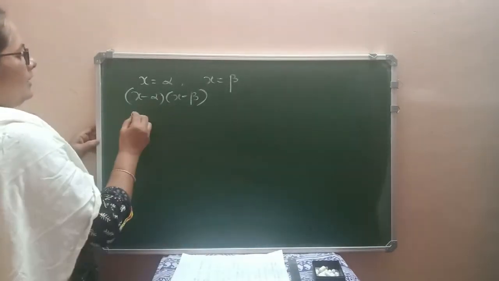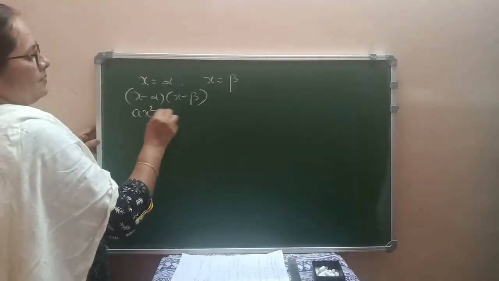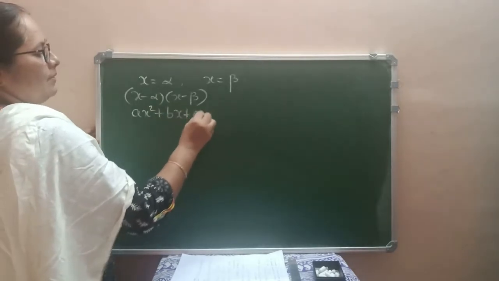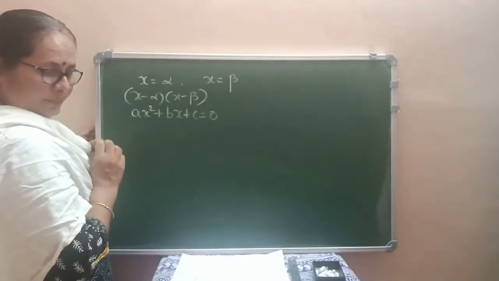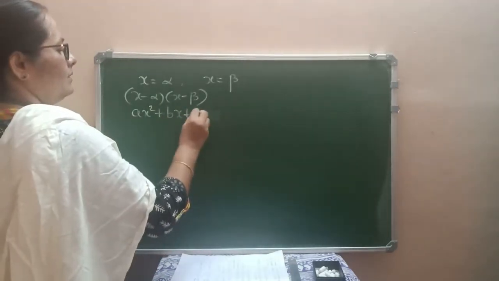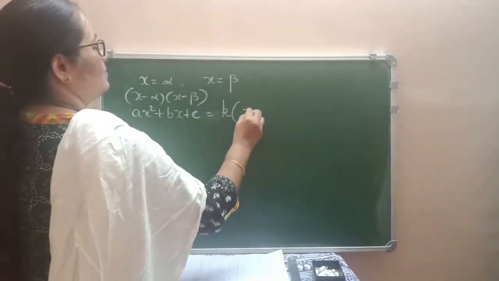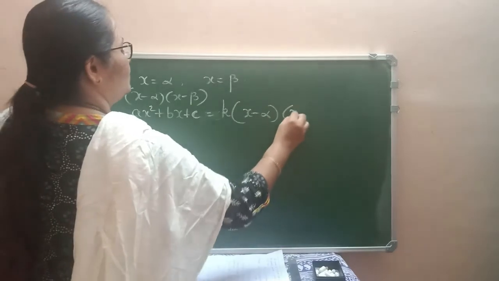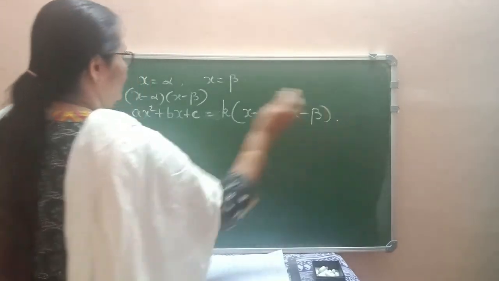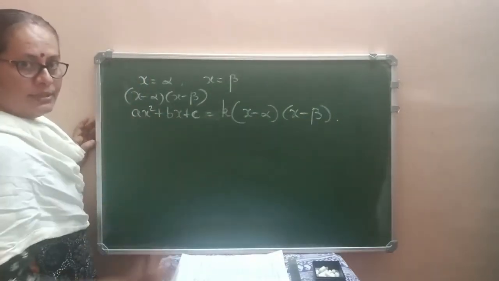So you can write ax square plus bx plus c equals to k into x minus alpha, x minus beta, where a is not equal to 0.